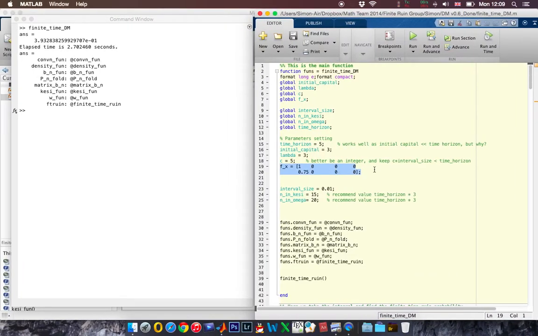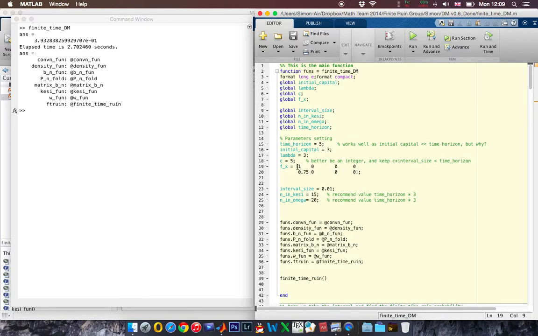But it's not only limited to mixtures of exponentials, as I will show you in a moment. The first row of this fx matrix is the weights of your mixture of exponentials, and the second row is the parameters. In this particular case, we just have an exponential distribution with parameter 0.75.